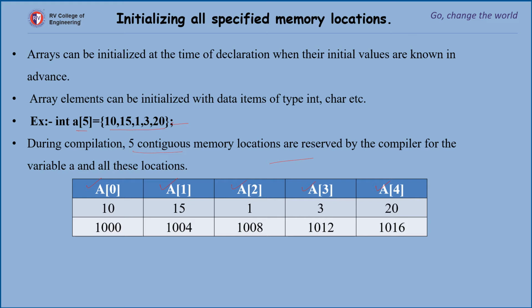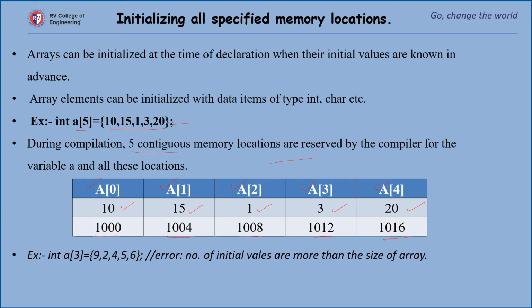So 5 locations with values 10, 15, 1, 3, 20. In memory, if we assume the base address is 1000, the elements will be stored starting at location 1000. Since an integer is 4 bytes, each location will be given 4 bytes of storage. So the next addresses will be 1004, 1008, 1012 and 1016.